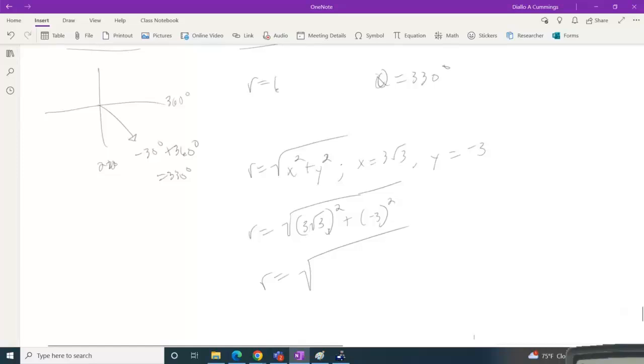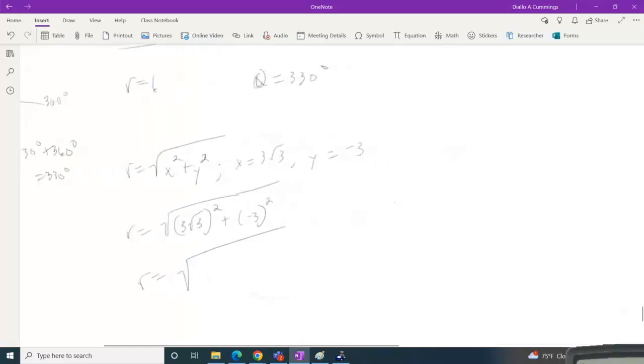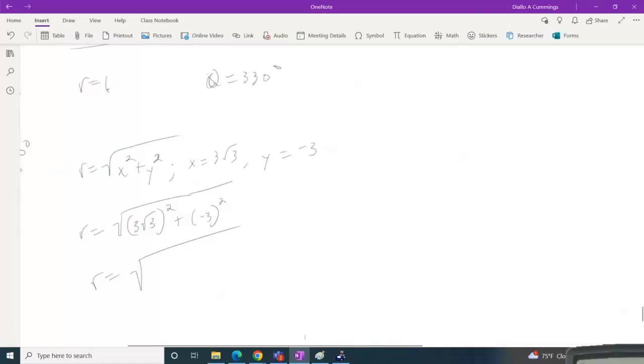So now when you square 3 times the square root of 3, there's something called the power of a product from algebra. So it says a times b to the nth power is a to the nth power times b to the nth power. So 3 square root of 3 squared, you have to raise 3 to the second power, and then you have to raise square root of 3 to the second power. So 3 squared is 9.